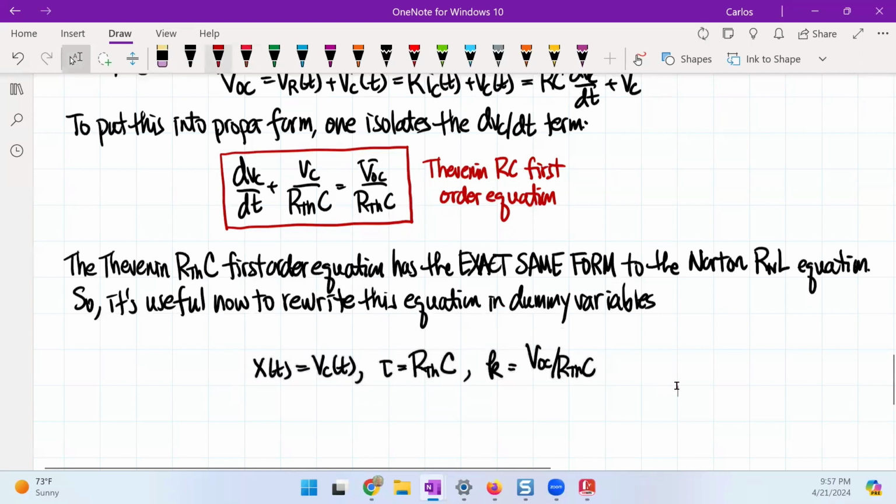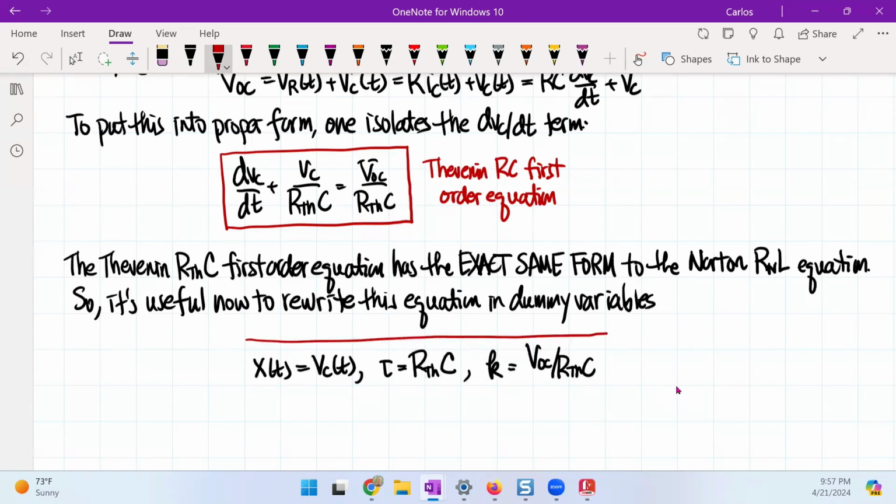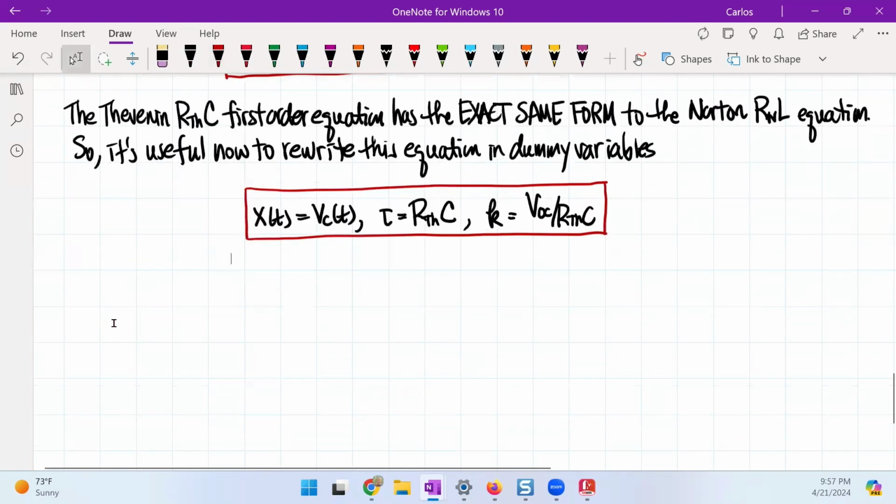And this is what I want to highlight. So this right here are our dummy variables. And we'll use these after we rewrite that. As we'll see here that this will pay big dividends later on.